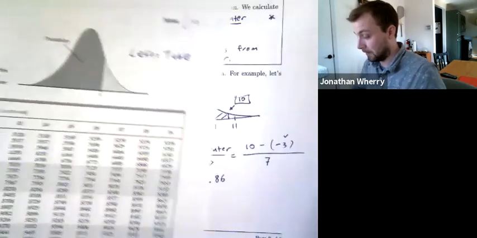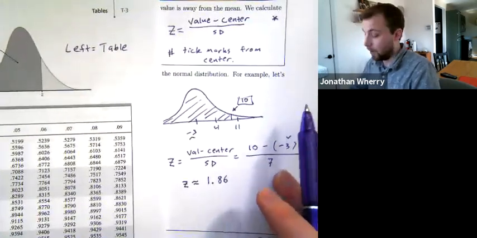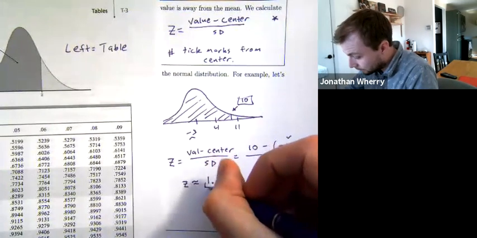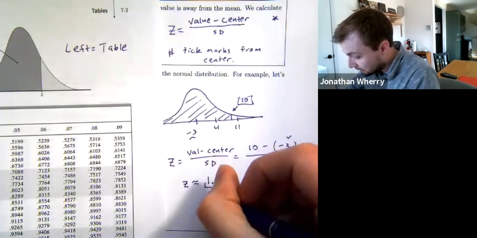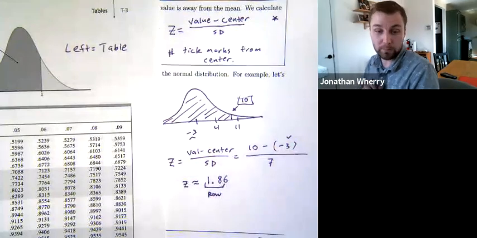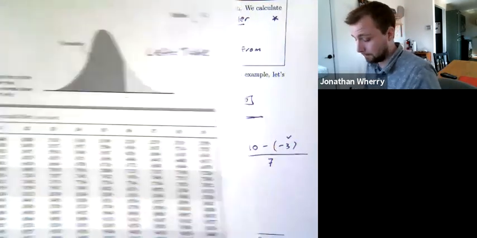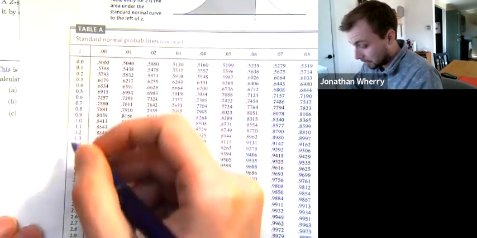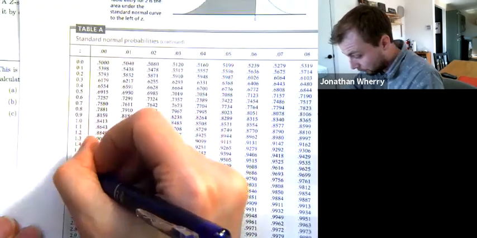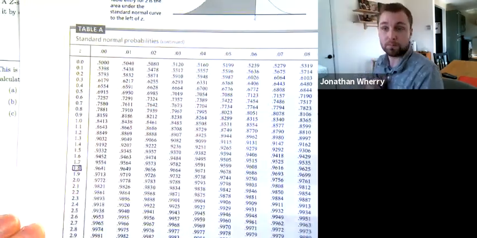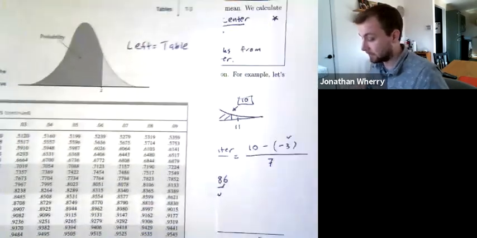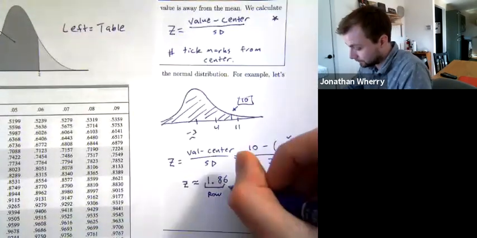Okay, my z-score here, 1.86. So the first two digits, this tells me which row I'm going to be in. I'm just going to highlight it here. I'm in the 1.8 row. My next digit, this tells me the column.